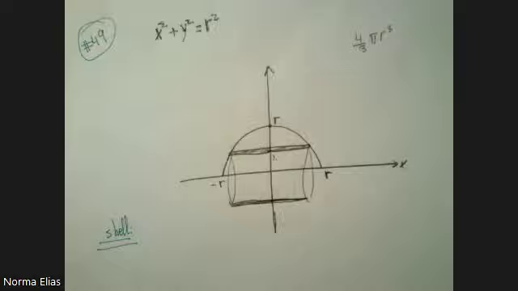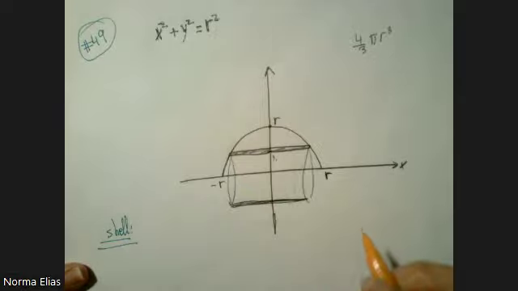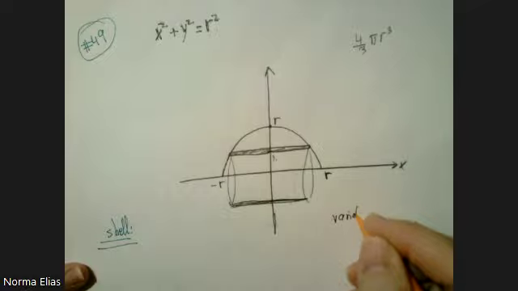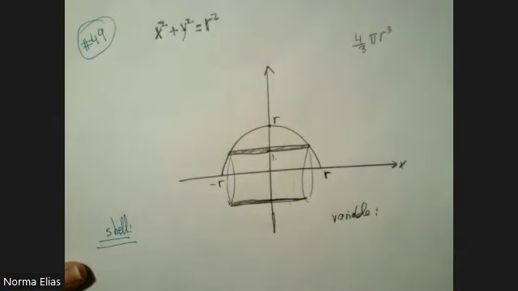That's a typical slice. Because they want the shell method, it means parallel to the y-axis. So what's my variable in this problem immediately? X? No, y. Of course, if it's not x, it's going to be y.